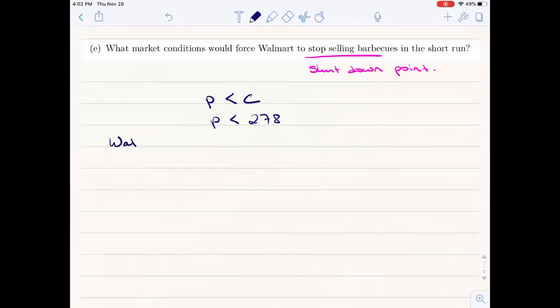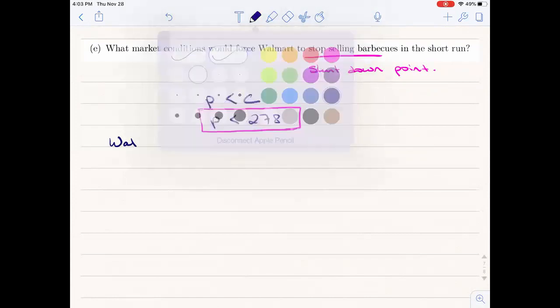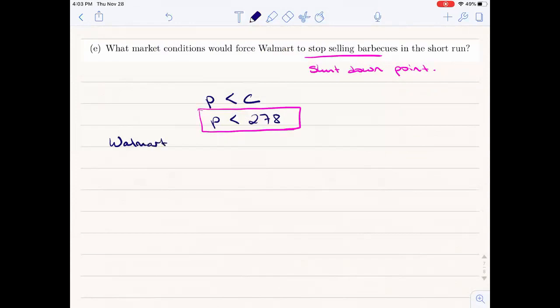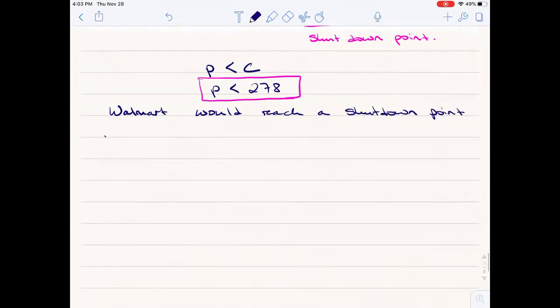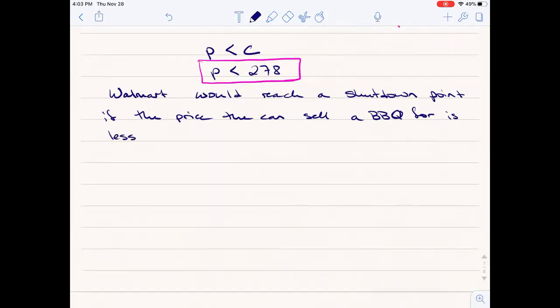Just to explain it a little bit, although this is the answer here that I'm looking for. Walmart would reach a shutdown point if the price they can sell a barbecue for is less than the cost, $278.